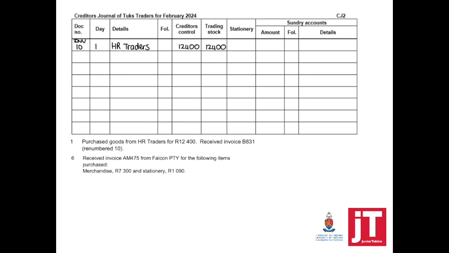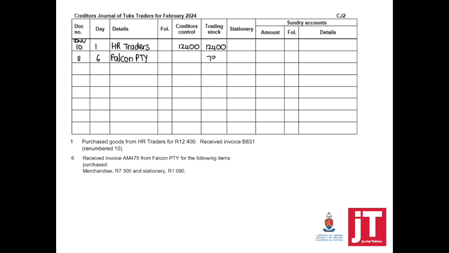Day 6, received invoice AM475 from Falcon Pty for the following items purchased: merchandise and stationery. Two different items purchased from the same supplier. Invoice number 11, this happened on day 6. We purchased from Falcon Pty.